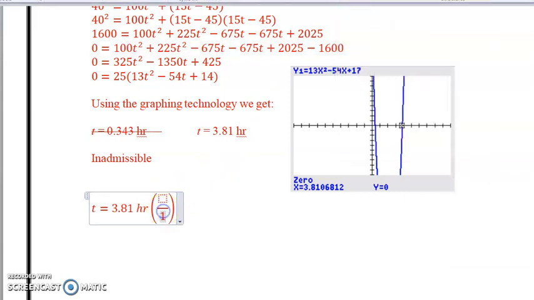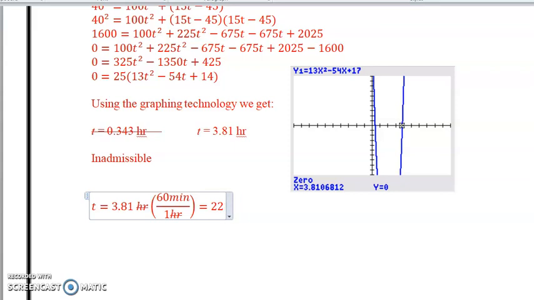And we know that in 1 hour, there's 60 minutes. The hours divide, so we multiply the 3.81 by 60, and we get 228.6 minutes.